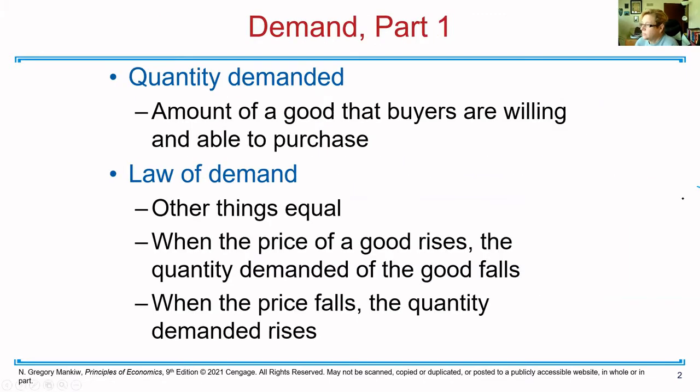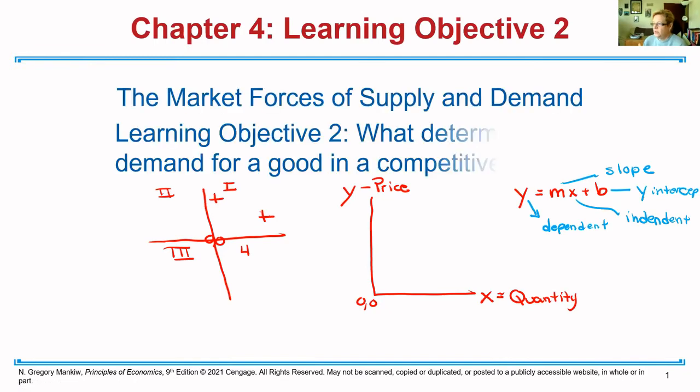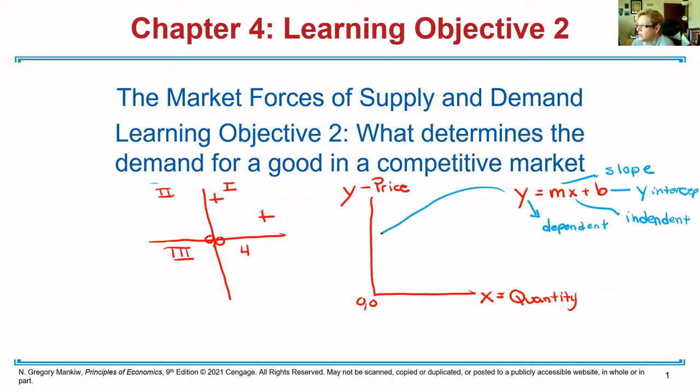Whoops. Okay, now, that's weird. If you think about trying to marry this equation, because we're saying that the price is dependent on the quantity, that's actually backwards.